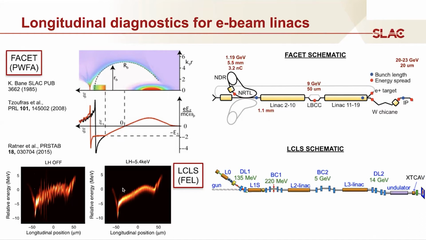And as you can see, they're quite different. There are very large striations, in this case, caused by the microbunching instability. And this is something that is well known to degrade the performance of the FEL. So having this kind of diagnostic in hand has been a blessing for the LCLS FEL, and it's something that they can measure readily. I'll speak about it in a lot more detail in the coming slides.